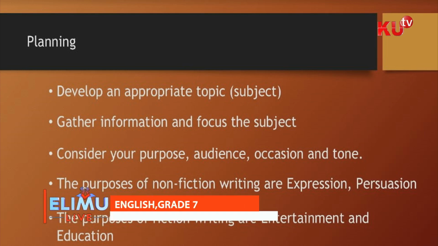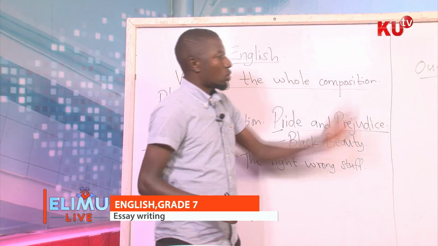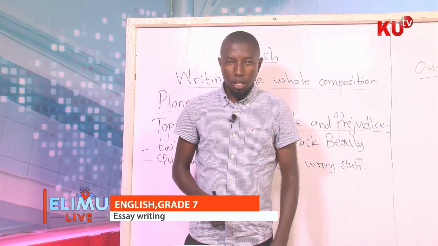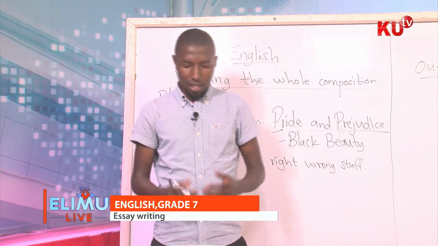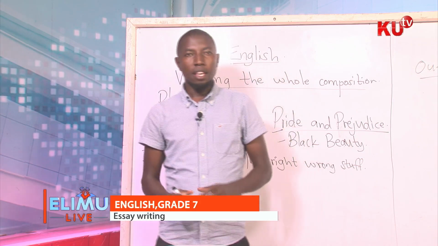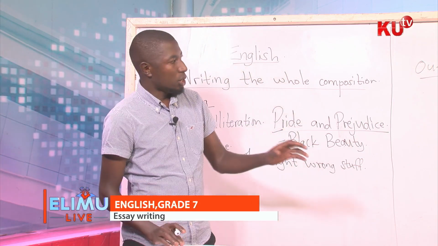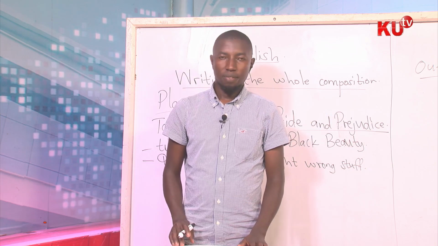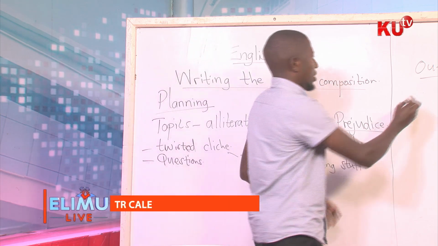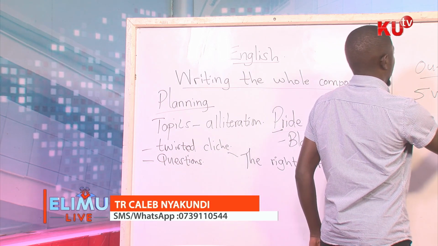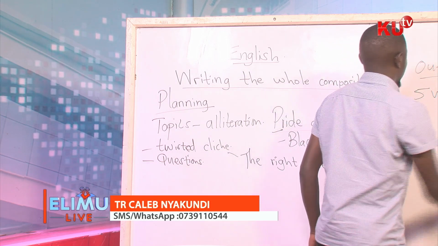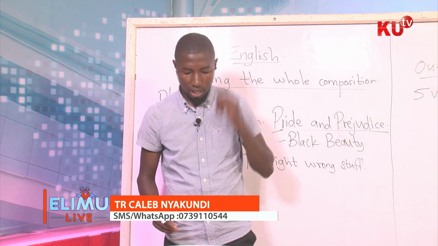An outline of your composition. You create an outline of your composition by asking yourself the journalist's questions. Journalist's questions are usually 5 W's and 1 H.